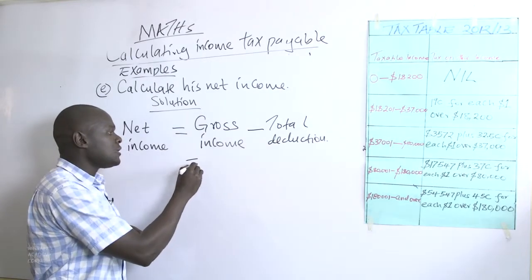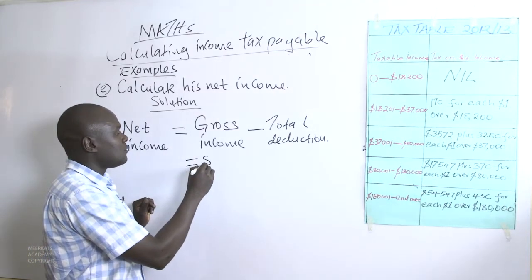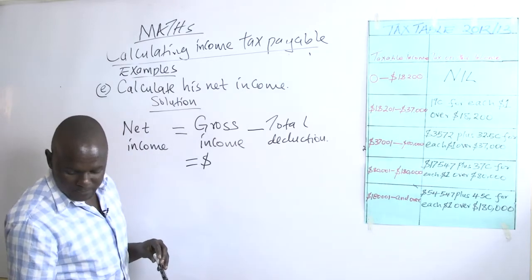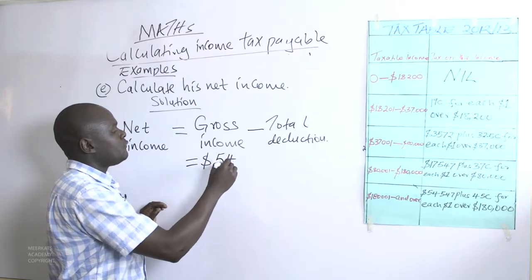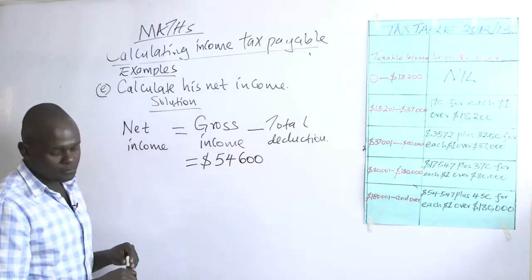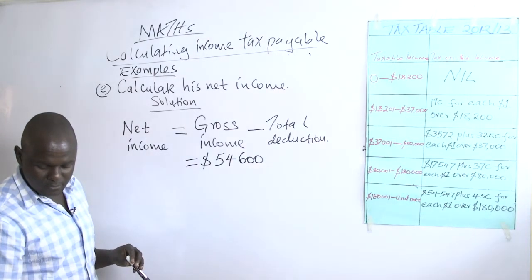And our gross income, Richard's gross income, was $54,600.